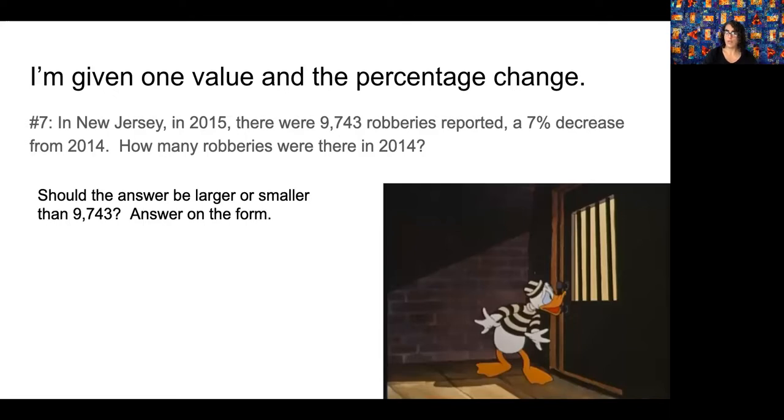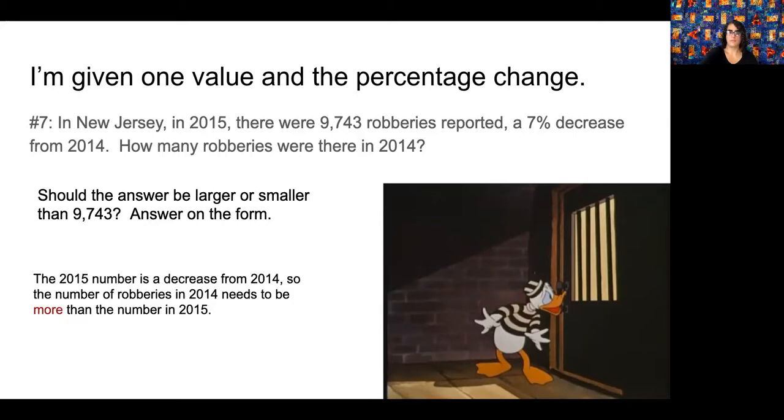I want you to think about that for a moment and give me your answer on the form. Since the value in 2015 is a decrease from the 2014 number, I'm looking for a value in 2014 that is more than the number of robberies in 2015. So I'm looking for an answer that's bigger than 9,743.